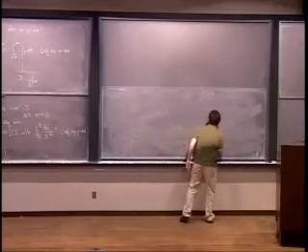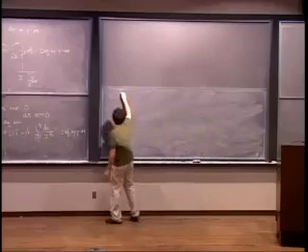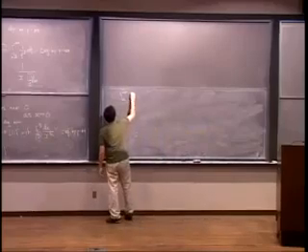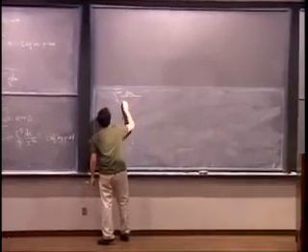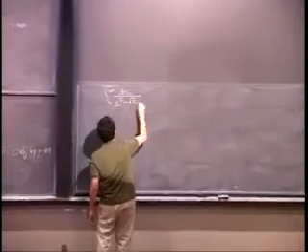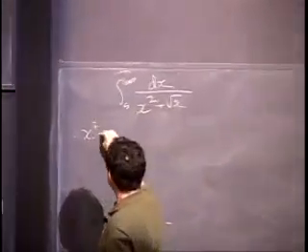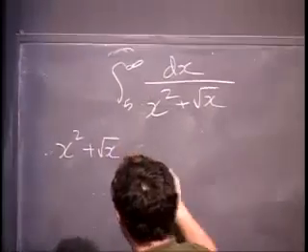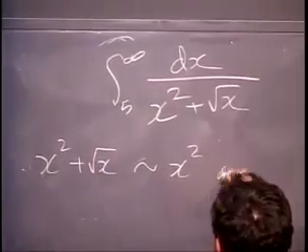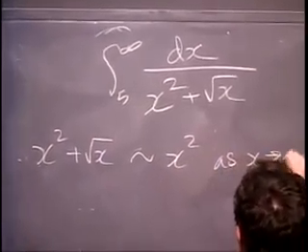If you have the same integral from 5 to infinity, dx over x squared plus root x, everything is different here. Now, x squared plus root x does not behave like the lowest power. It behaves like the highest power as x goes to infinity.